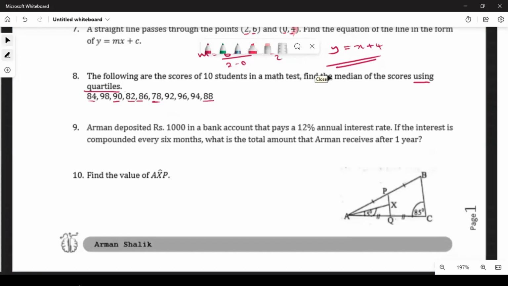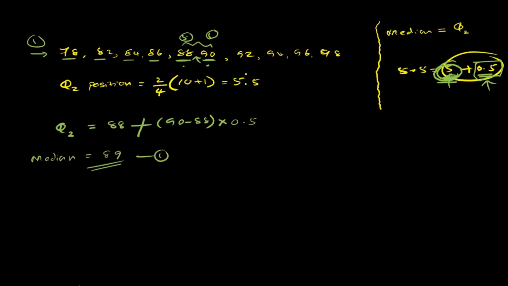One student is asking, sir, can we add 88 and 90 and divide it by 2? So it is 89. Yes, of course, I told you it is okay. But in the question, they want us to use the knowledge of quartiles. Then one student is saying, take the middle two numbers. If you write it in ascending order, the middle two numbers will be 88 and 90.